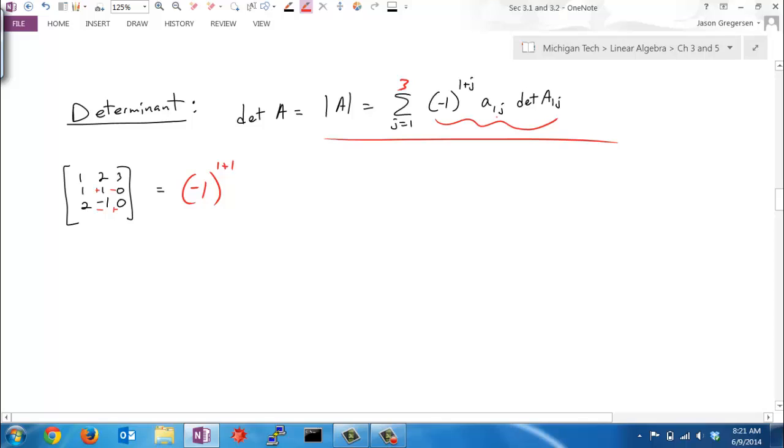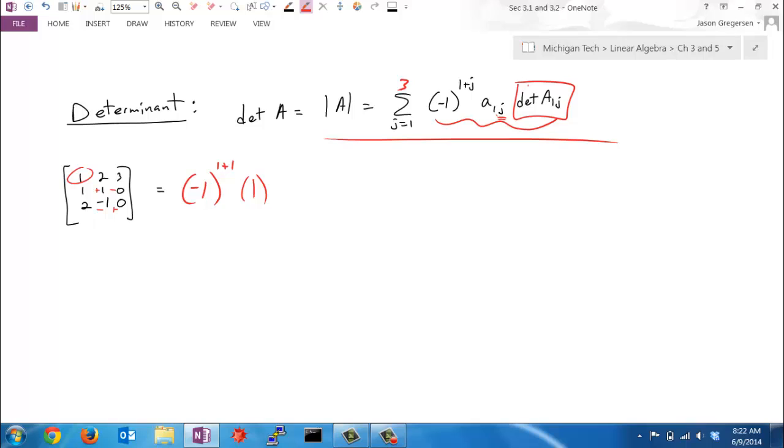times a1, and once again, we're starting off with j equals 1, so this is a11. We're talking about a position in the matrix. That's this position right here. Then times this thing. This is a subdeterminant. It's the determinant of the matrix you get when you eliminate the first row and the jth column.